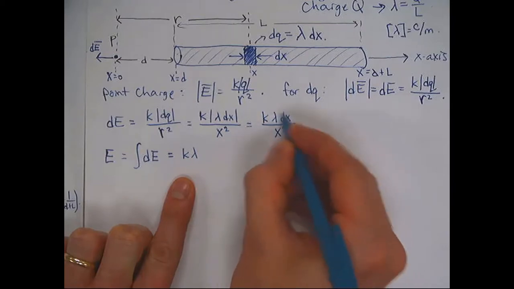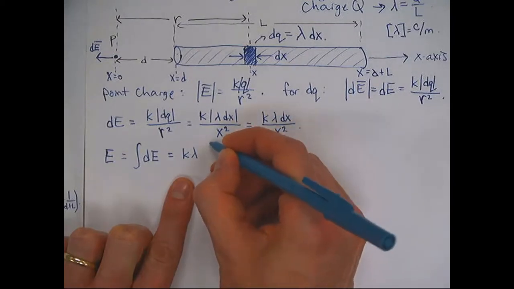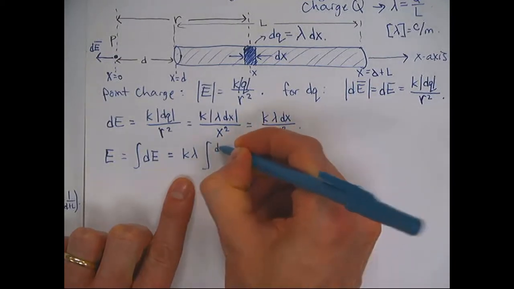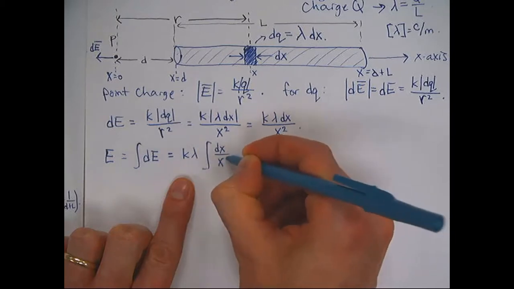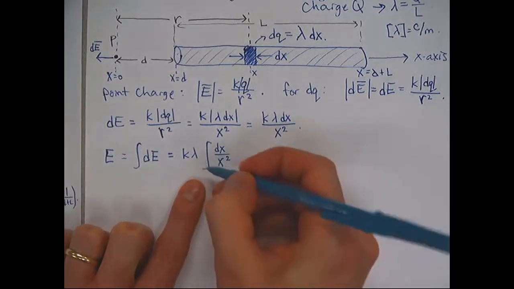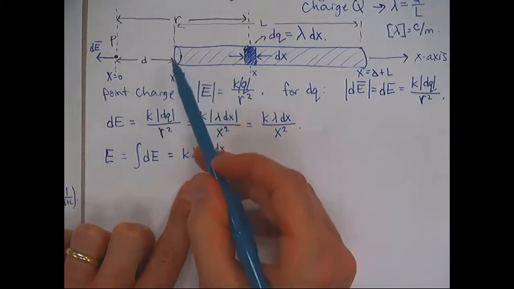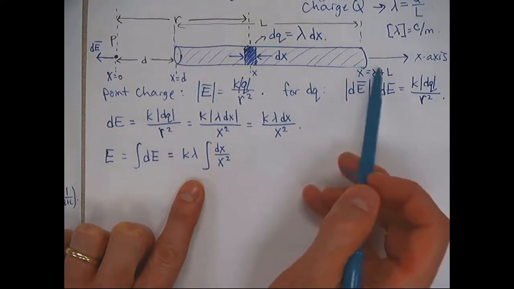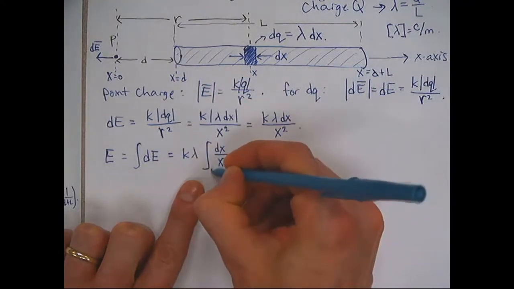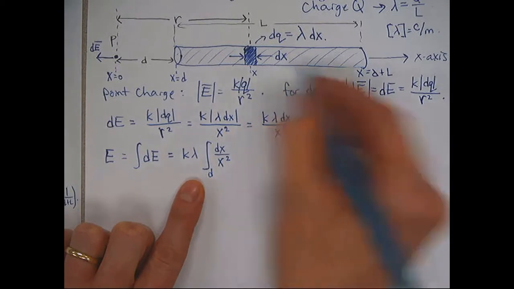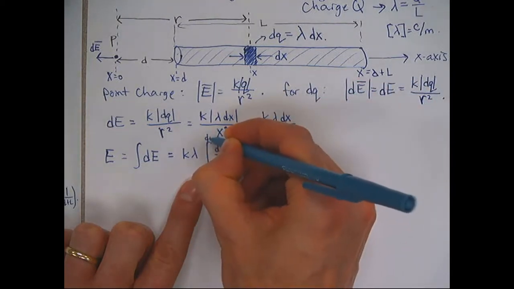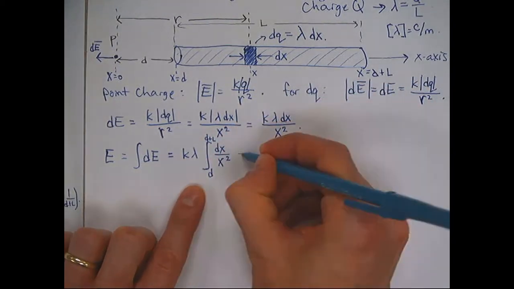So we have k lambda integral dx over x squared. The limits of integration should cover all of the possible locations of dq. So we're going from x equals d up to x equals d plus L at the upper limit.